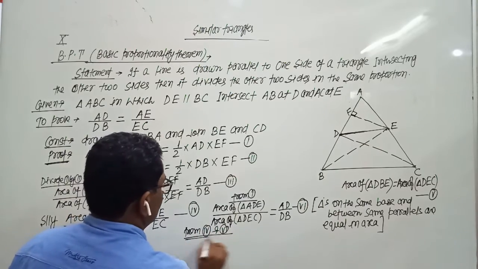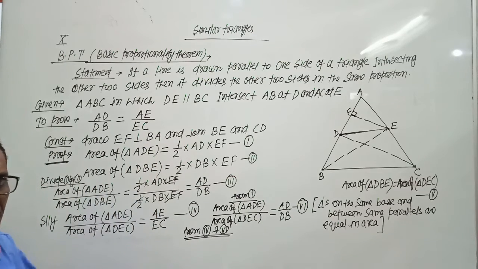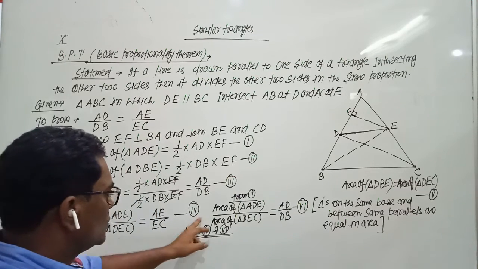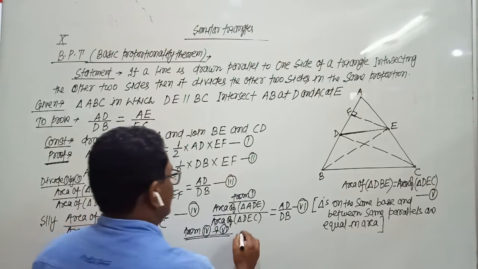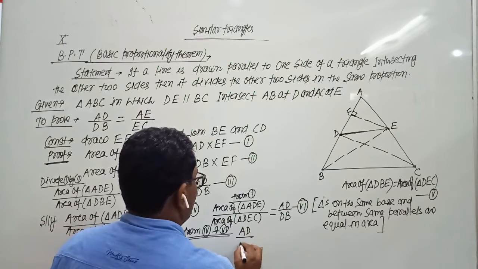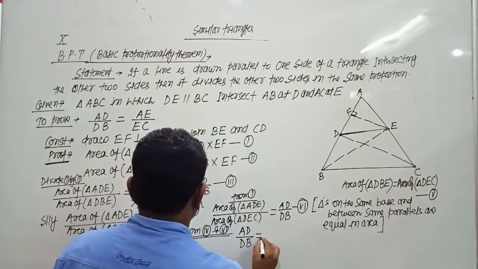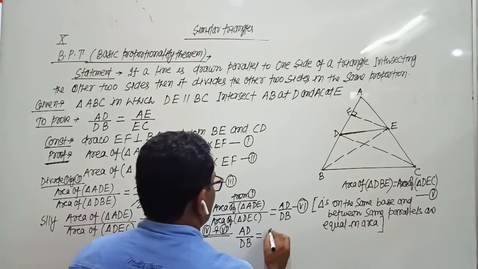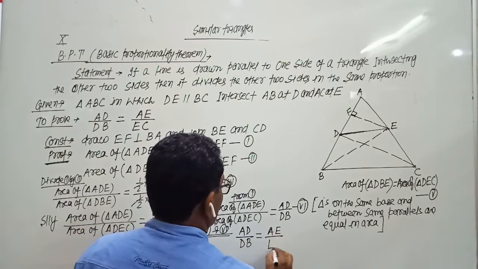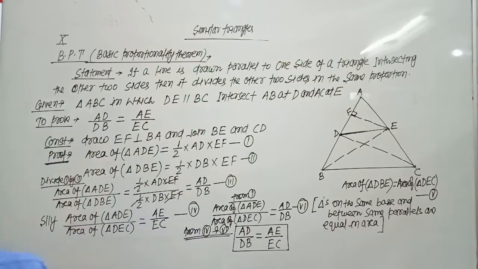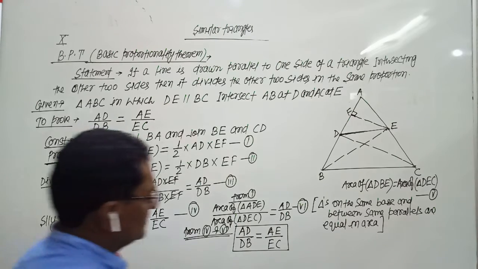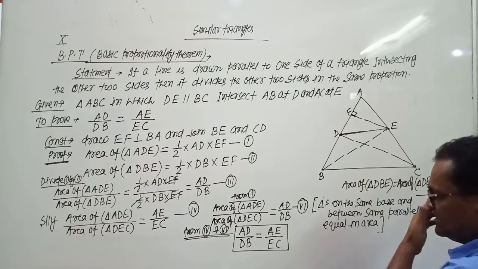Since LHS is equal, we can equate the RHS. So we can write AD upon DB equals AE upon EC. This is the BPT, basic proportionality theorem, and this we had to prove.